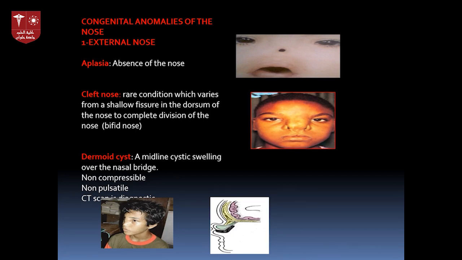Watch the second figure. There is another congenital anomaly of the external nose called the dermoid cyst. It's a midline cystic swelling over the nasal bridge, which is non-compressible, non-pulsatile, and CT scan is diagnostic.